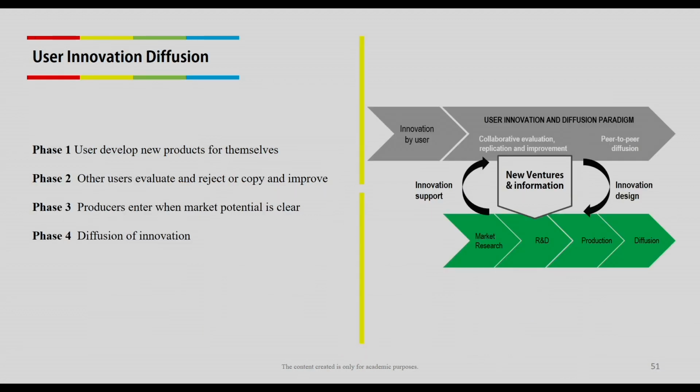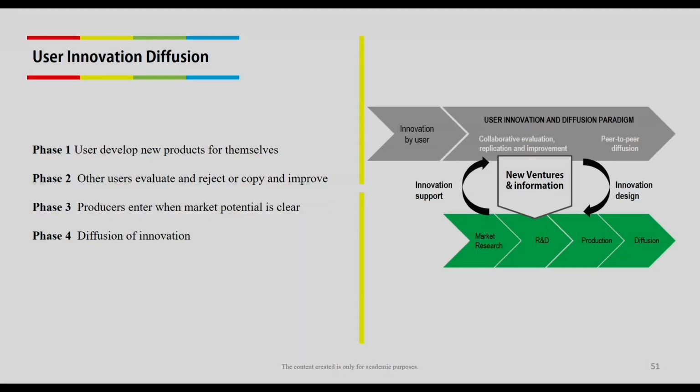Now, let us discuss user innovation diffusion. In phase 1, users develop new products for themselves because they understand the problem, and slowly other users evaluate and reject, or copy and improve. So, there are surrounding people who will endorse and adopt this innovation, and slowly it will come into the picture of the manufacturer.